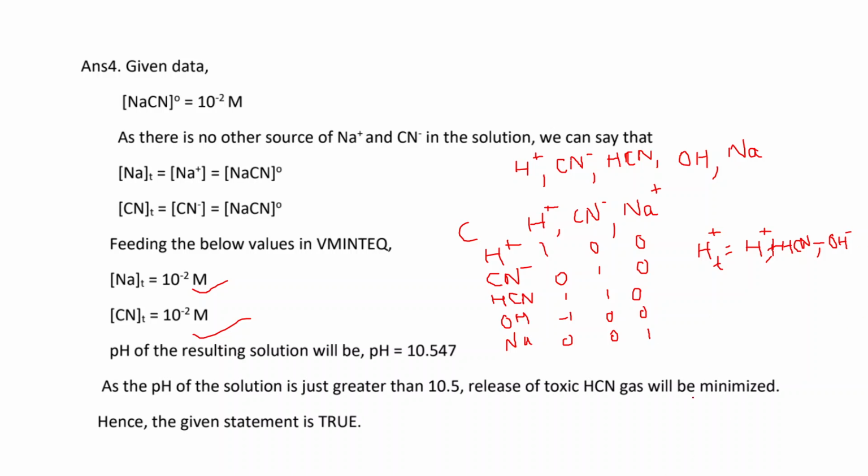Since there is no source of H total, it will come 0. That's why we will directly feed Na and this, and we'll see what is happening with Visual Minteq.